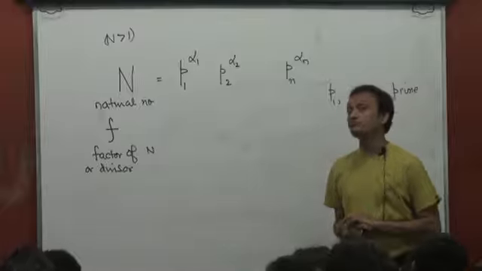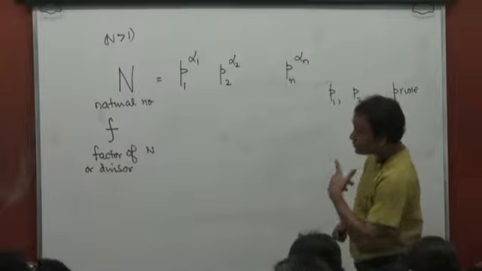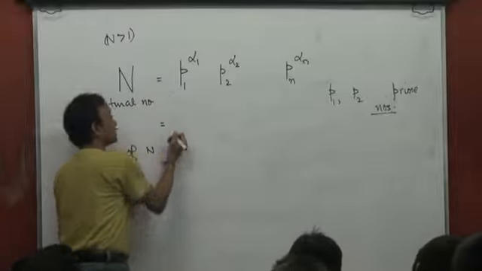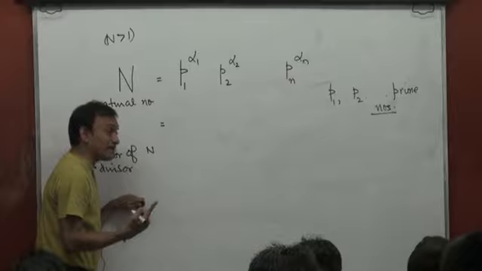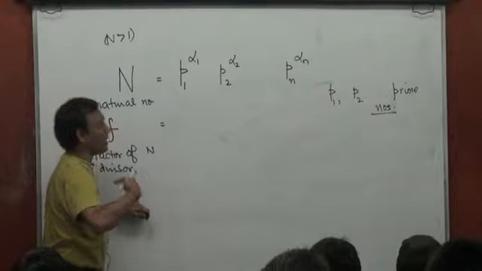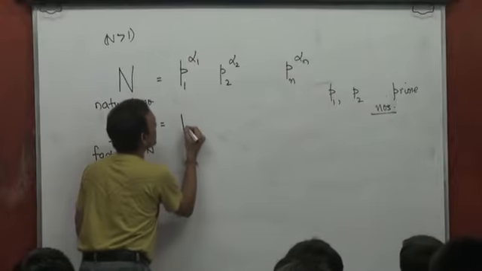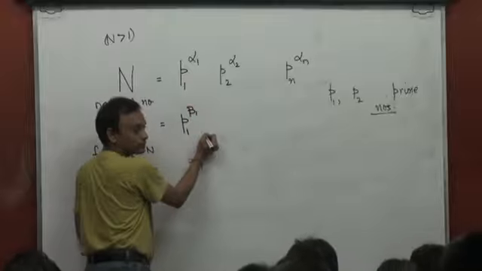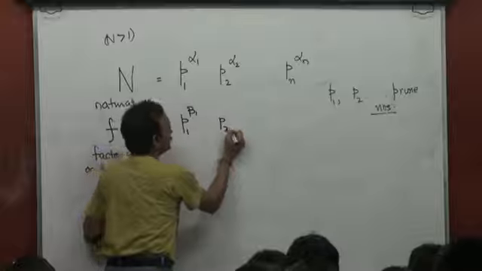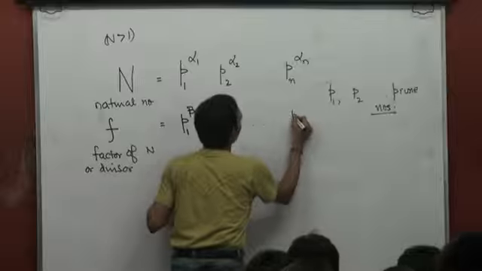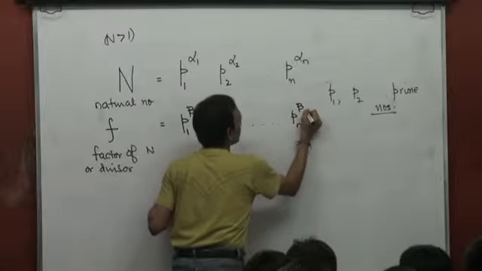A divisor of n will have the same prime factors but raised to smaller powers. That means it's going to be, let's say, p1 to the power beta 1 into p2 to the power beta 2 into pn to the power beta n.